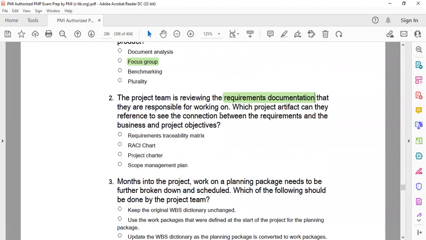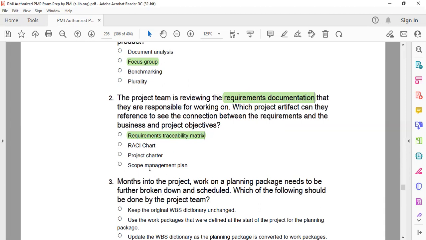Yes, Ganesh, correct. Naveed, yes, good. Hari, yes, very nice. That's what we call the requirements traceability matrix, where you can track the requirement backward and forward, which connects up to project objectives, or in the definition we said from origin to destination.